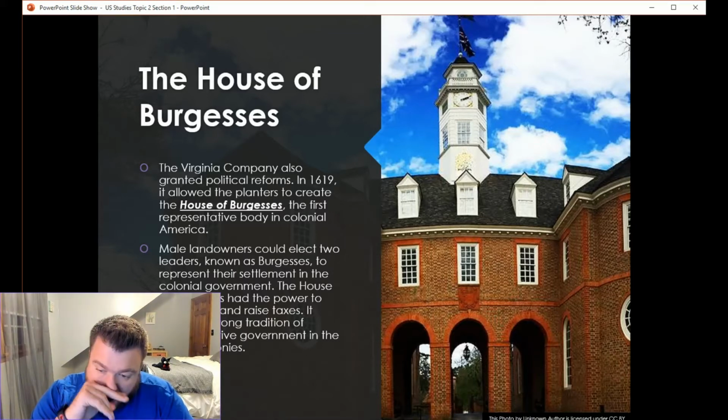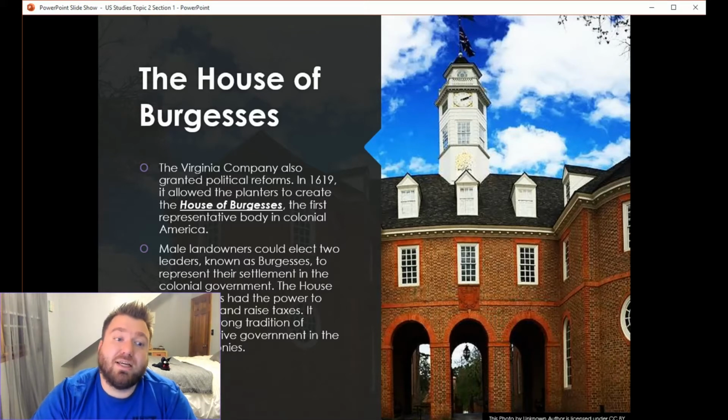Now, if you are aware of the makeup of our current government, this might sound familiar to you, where each settlement can elect two leaders to go to this place to represent them. Where else do we have two people from each settlement, or let's call them states instead?